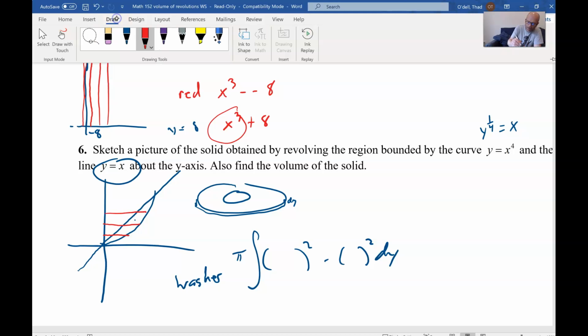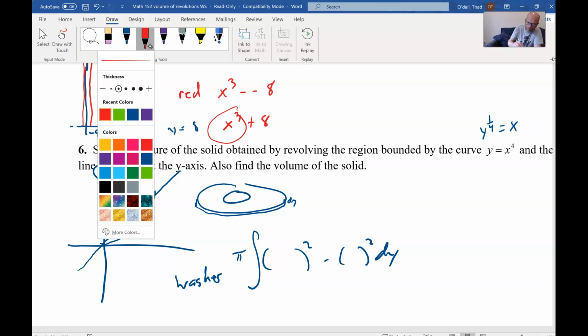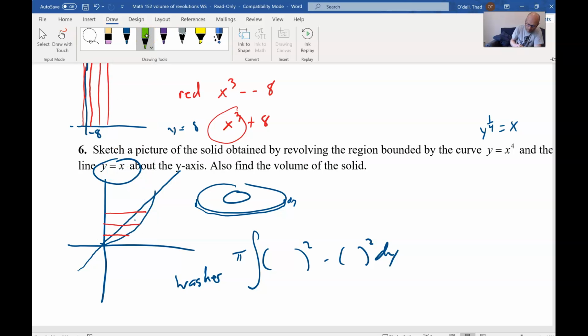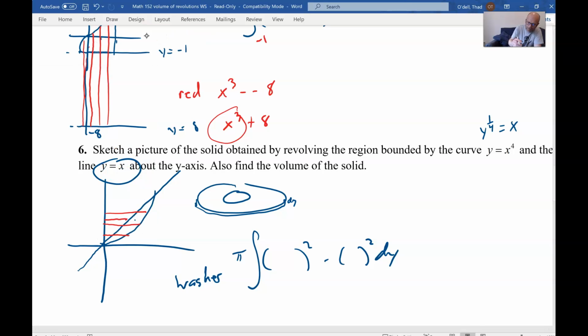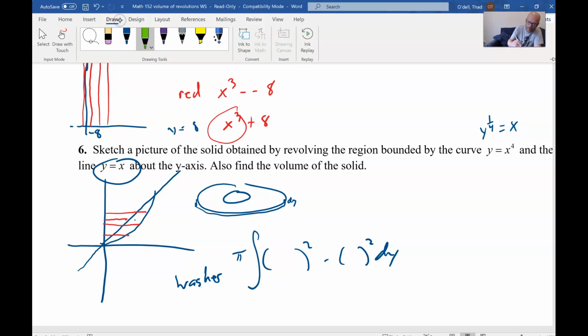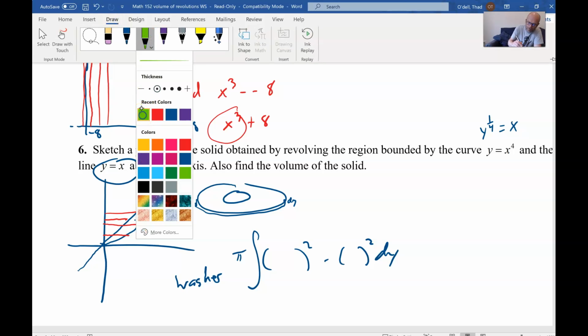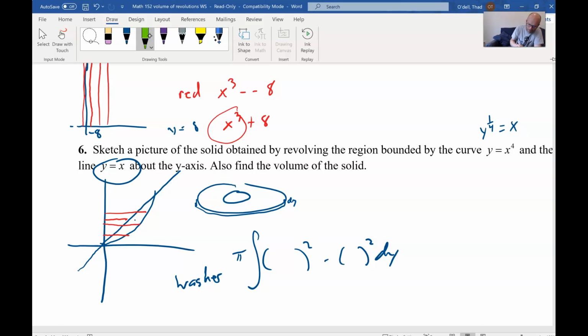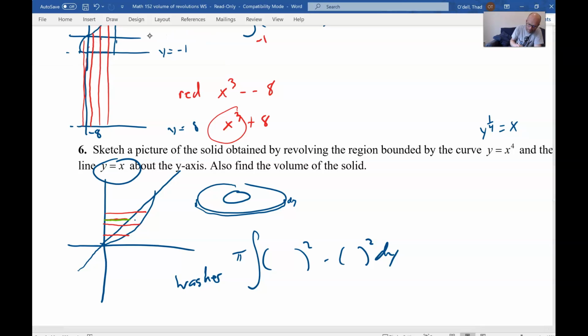And the little r is always going to be determined by the straight line, right? So that means we're looking at the x-coordinate of those lines.